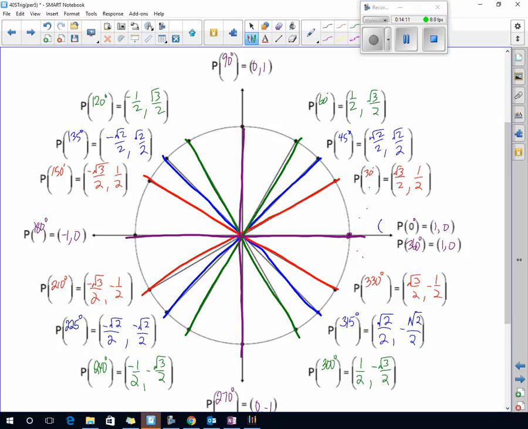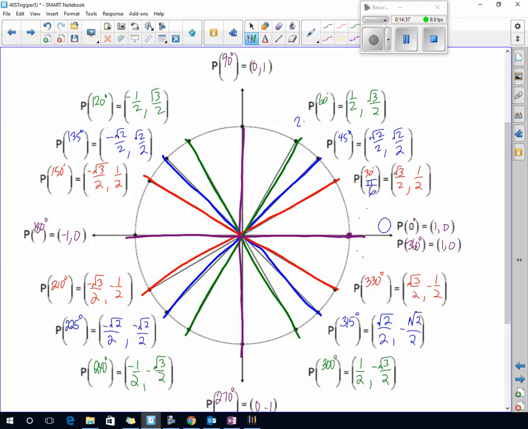Okay, so I'm going to do all the pi over 6's here, and I'm going to count by pi over 6. So does everybody see that if I go up by pi over 6 to the red, what would another pi over 6 be? The 60, or 2 pi over 6. But we don't refer to this as 2 pi over 6. We refer to it as the reduced form, which is pi over 3.